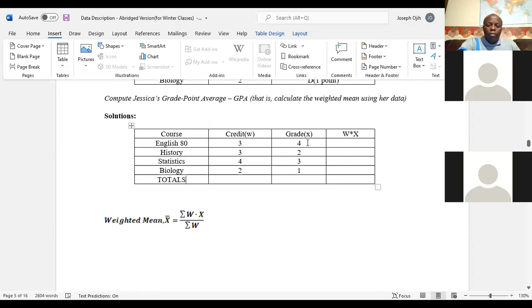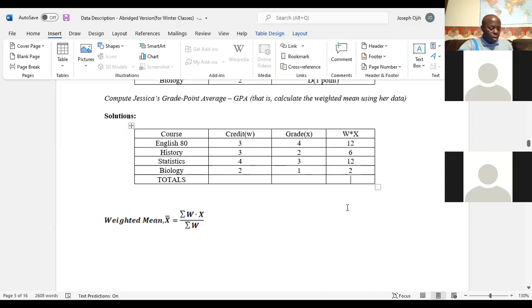3 times 4, which is 12. You can double check. We have 3 times 2, 6. 4 times 3, 12. 2 times 1, 2. Now we add all of this together, the W times X part of it.